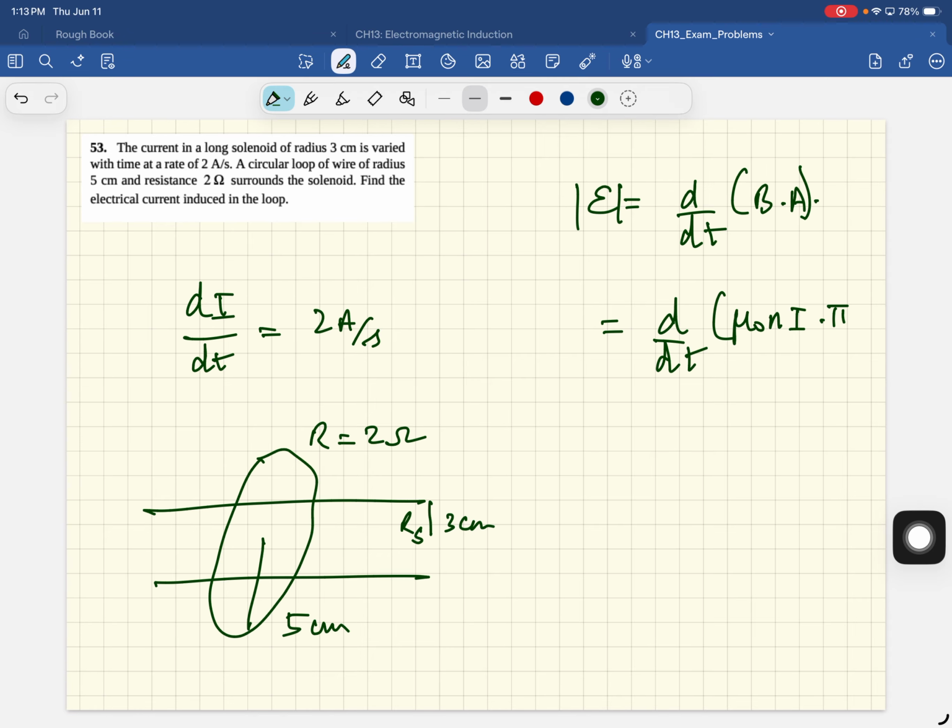All right, one last problem. A flat square coil of 20 turns that has its side of length 15 centimeters is rotating in a magnetic field of strength 0.05 Tesla. If the maximum EMF induced in the coil is 30 millivolts, what is the angular velocity?